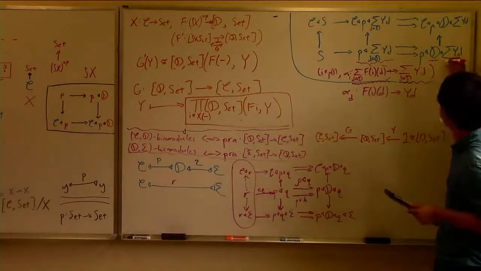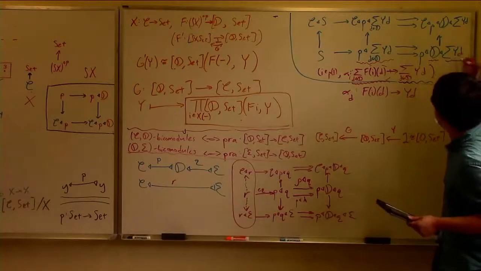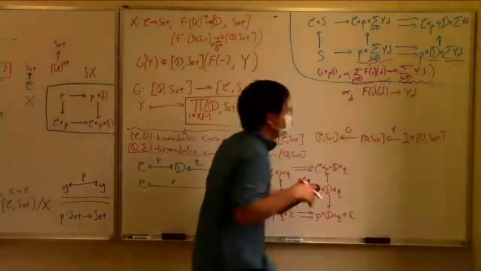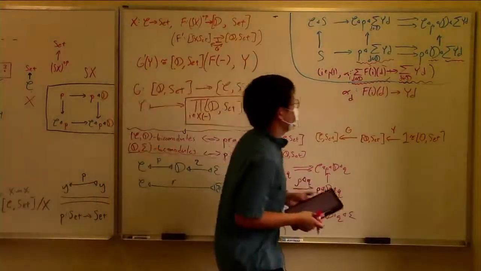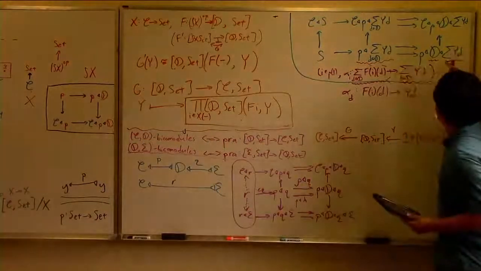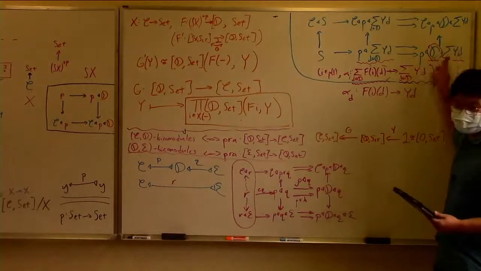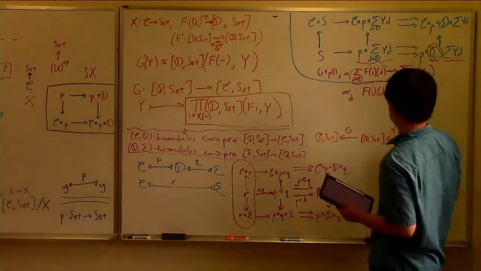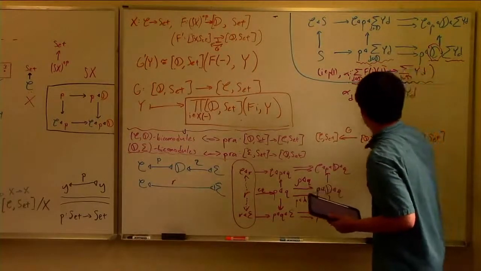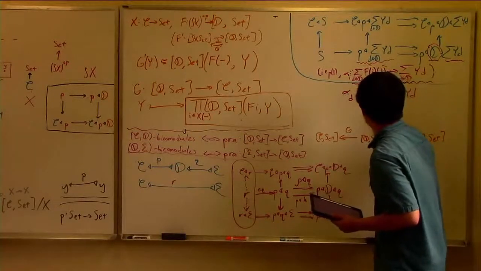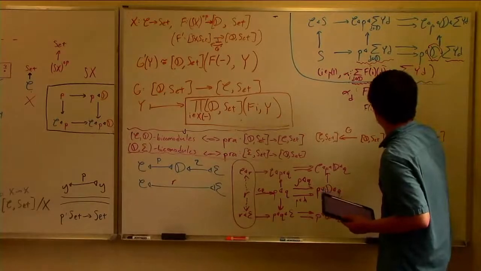And then if you check what it means for these two morphisms to be the same over here, the equation it gives you is going to be exactly the naturality square given by the morphism of D over here. And so it's going to tell us that every naturality square that you can get commutes.